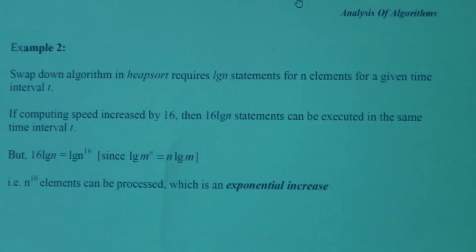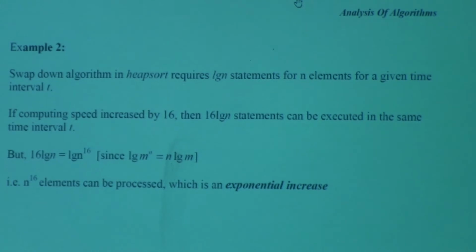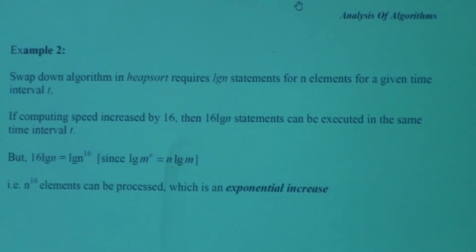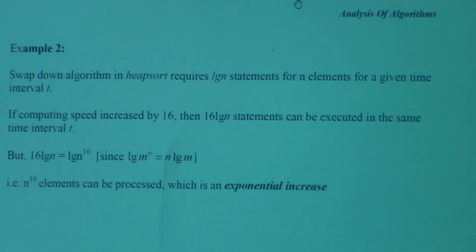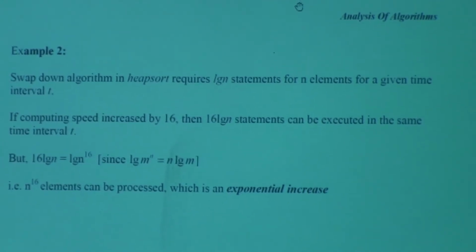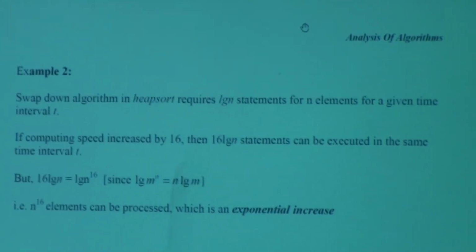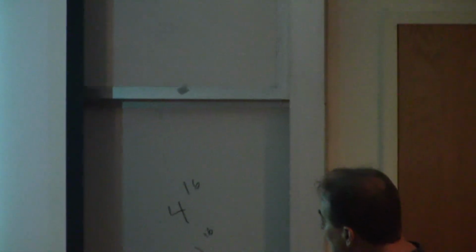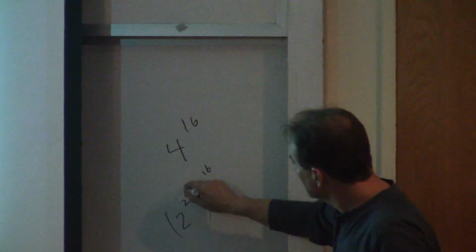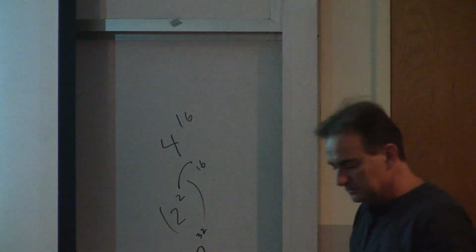The new problem size is 4 to the power of 16, which is equal to 2 squared to the 16. You can multiply these exponents, and it gives you 2 to the 32nd power.